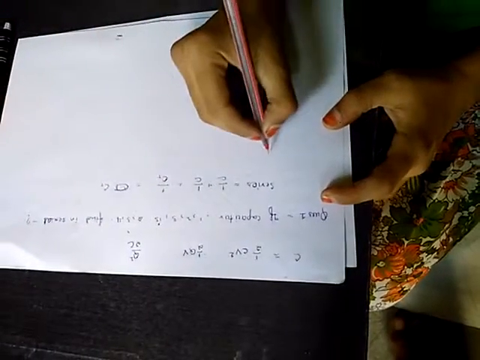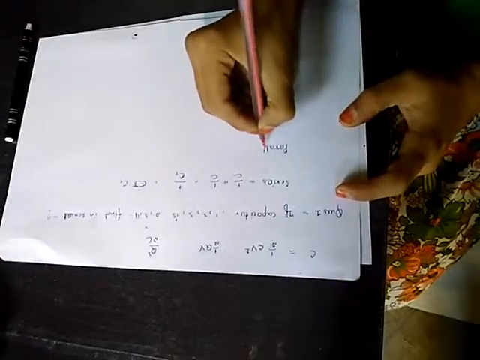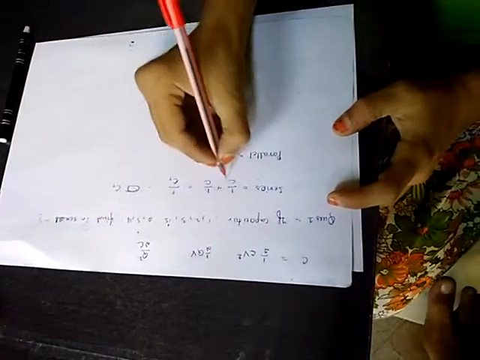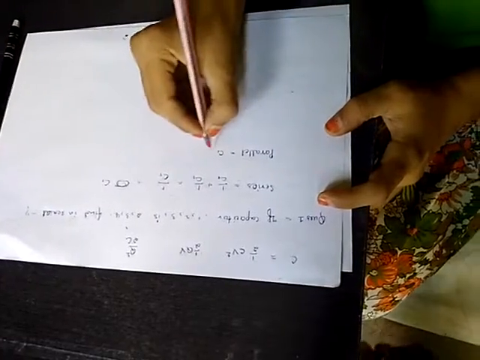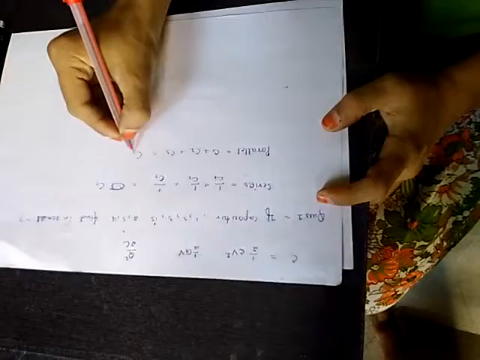And if you have to find it in parallel, the formula is C1 plus C2 plus C3 equal to CT.